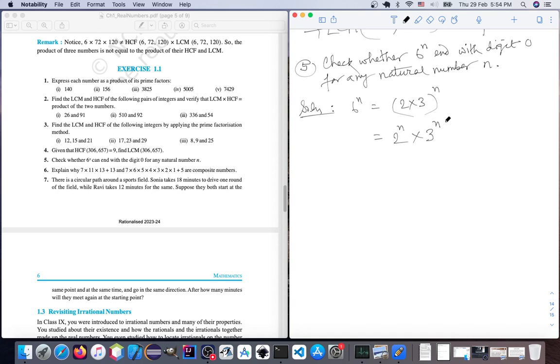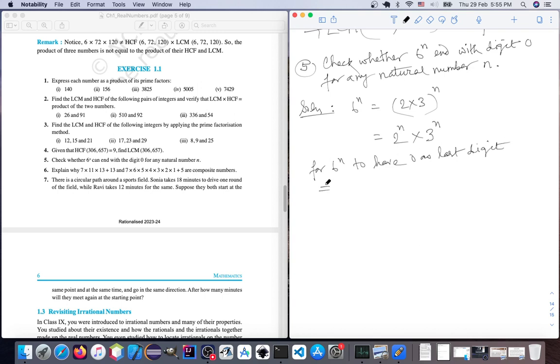Now, it asks whether there is any natural number n so that 6 to the power n will have 0 as the last digit.